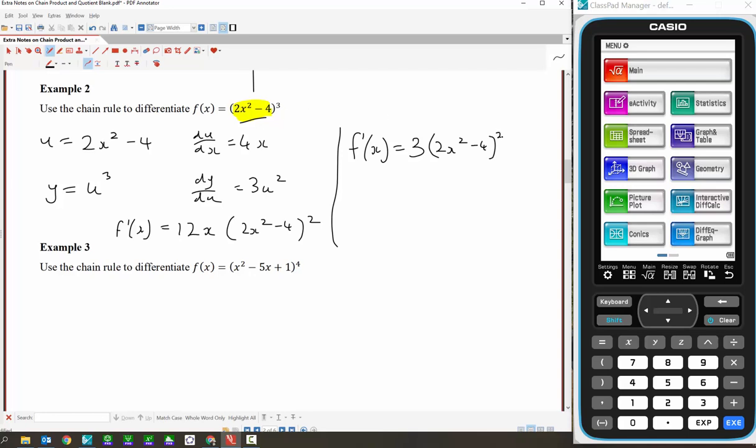Drop the power down by 1 and multiply it by the derivative of the inner function. So that's 4x. Multiply it out, 12x, 2x squared, take 4, all squared.